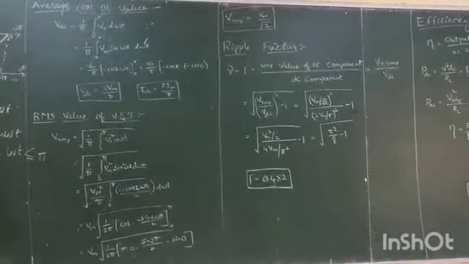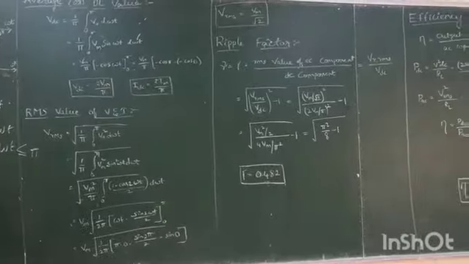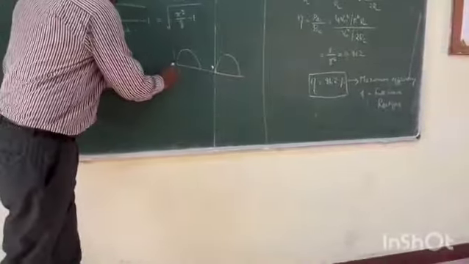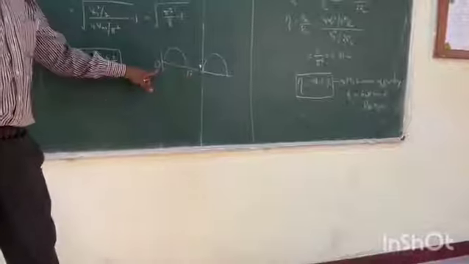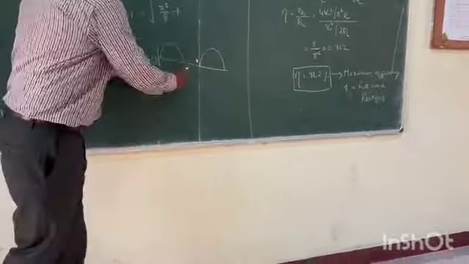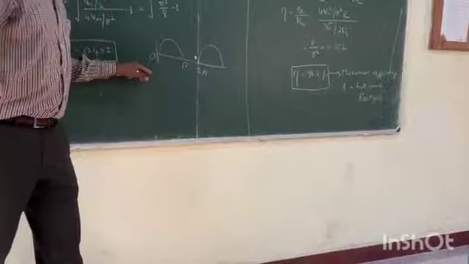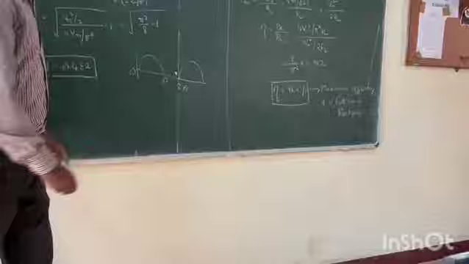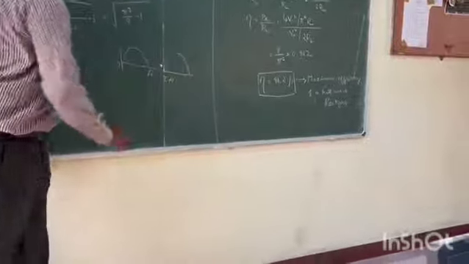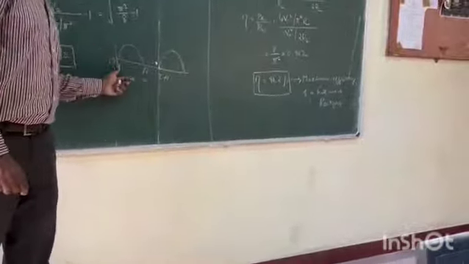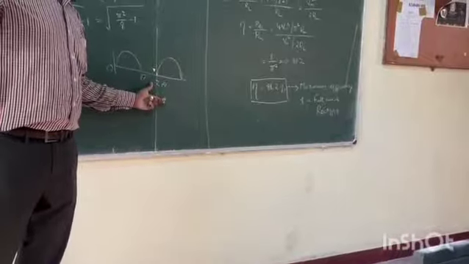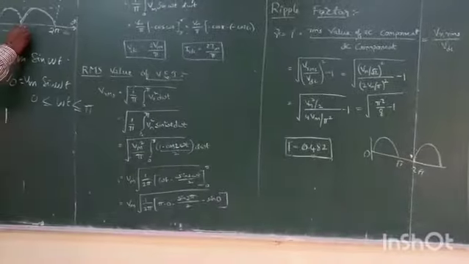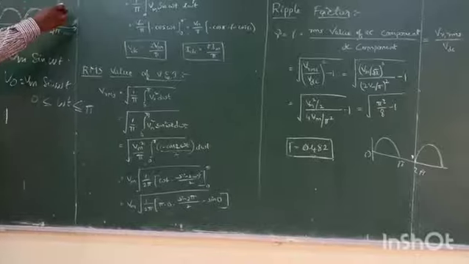The reason is that in a half wave rectifier, there is output from 0 to pi, but from pi to 2 pi there is no output, that is, during the negative half cycle there is no output, and the next starts from 2 pi. So we took 0 to 2 pi in the half wave rectifier, whereas here it repeats every pi. For every pi it generates output.